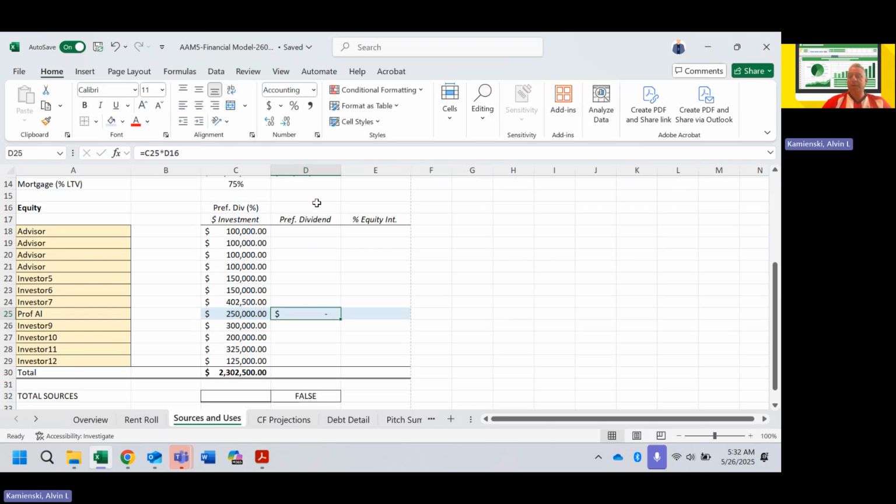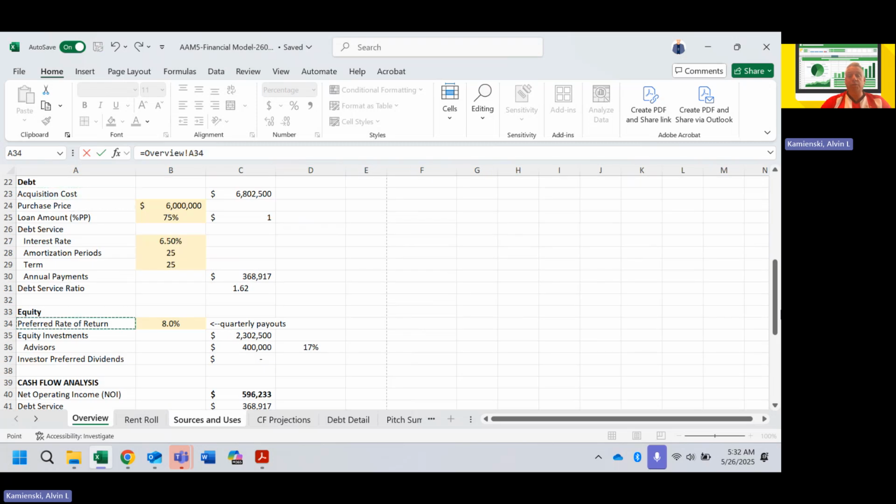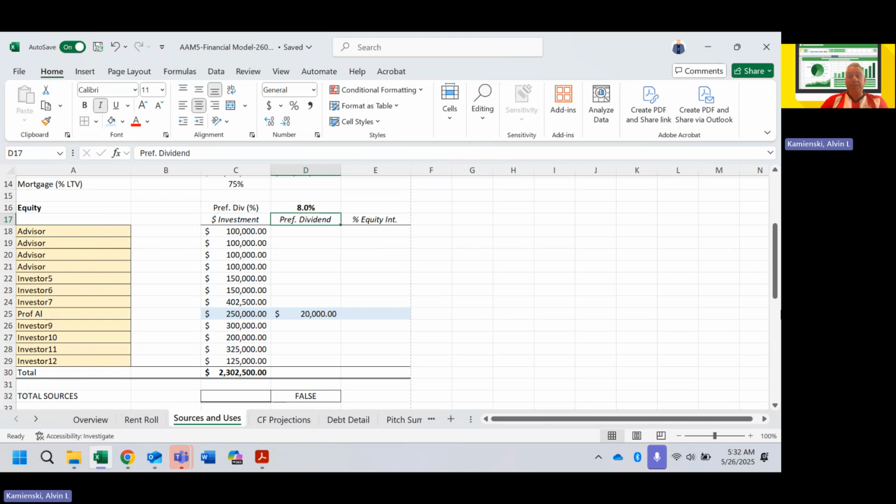How much is my preferred dividend amount going to be equal to? It's going to be equal to, on your overview sheet, whatever it is you say that you're going to pay. You can even tell me: you can pay me daily, I'd love that. You can pay me quarterly, that's normal. You can pay me once a year, that'll upset me a little bit. But you're going to pay me then $20,000 a year.